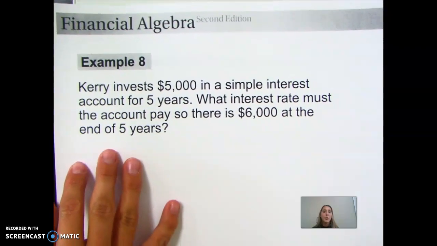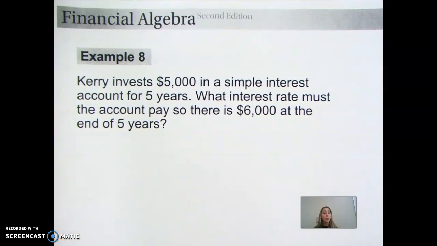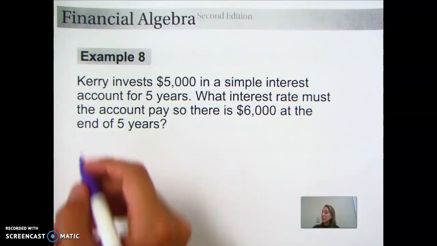All right, now we're going to try to solve for our rate. So Carrie invests $5,000 in a simple interest account for 5 years. What interest rate must the account pay so that there is $6,000 at the end of 5 years? So we have to start with a few things. Okay, so if we were to solve for rate, we would do it the exact same way we were doing it before.